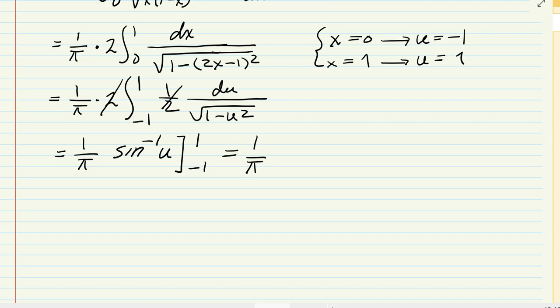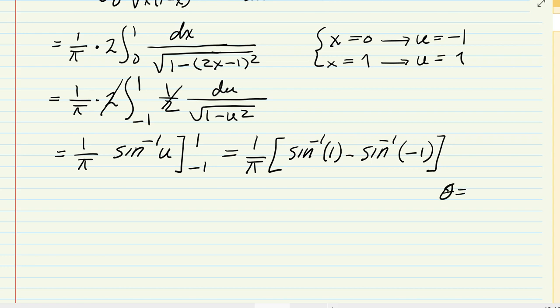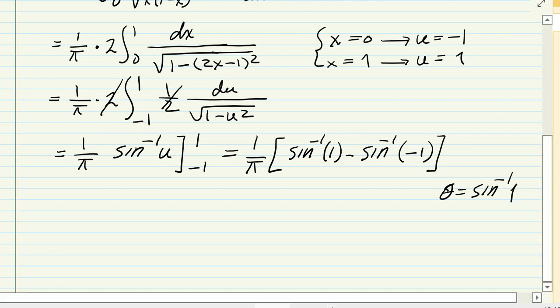That's going to make this 1 over pi times the arcsine, or inverse sine, of the upper limit minus the lower limit. We used the fundamental theorem of calculus there. Now the arcsine of 1: remember, the output of every inverse trig function is the measure of an angle.